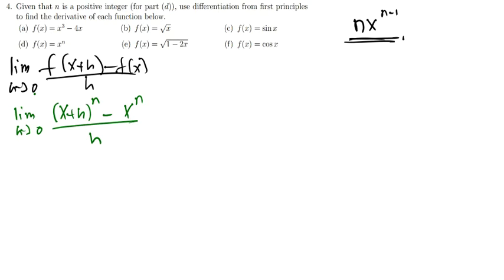But now how can I expand this? I can expand that using the binomial theorem. We've been told that x is greater than or equal to 0, because n is a positive integer, so n cannot be negative, so I'm going to use the binomial theorem.